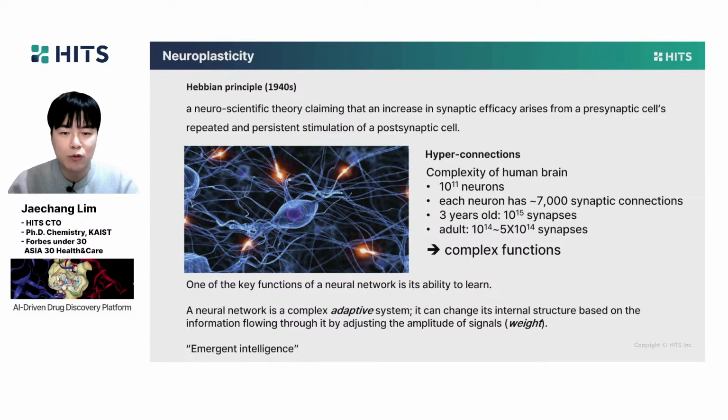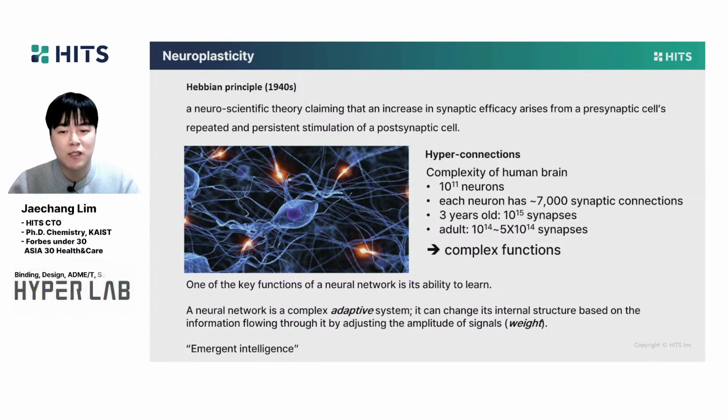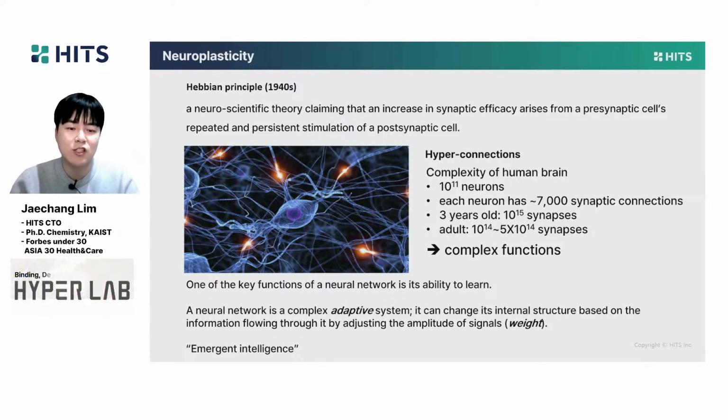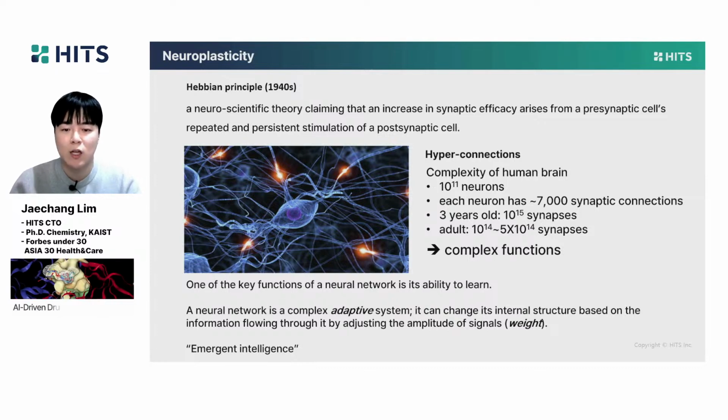Through this process, the magnitude of signals changes, and therefore in this adaptive system, it is important that it changes in response to external stimuli, and this is what creates our ability to learn.